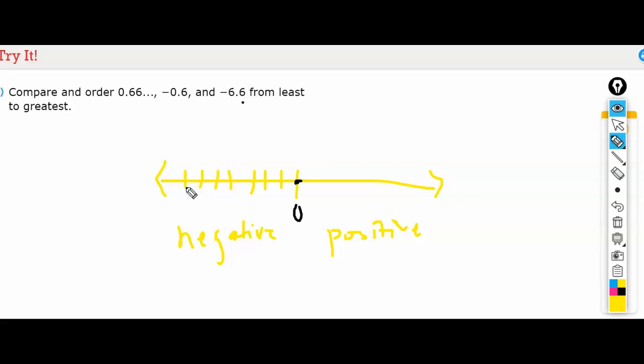We'll do 7 since our whole number here is a 6. We at least need to go to 7. So let's write in the numbers. These are all negative. Negative 4, negative 5, negative 6, negative 7. And we'll do the same on this side.